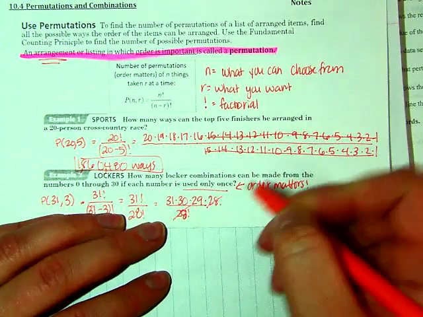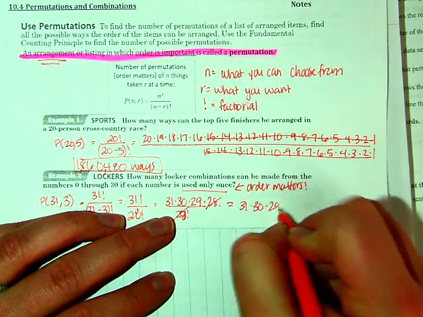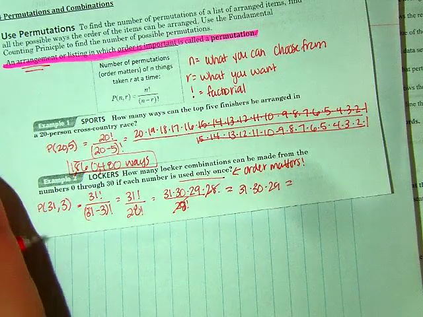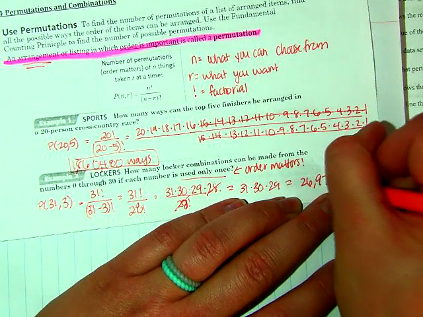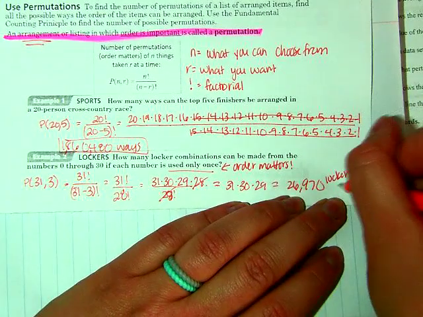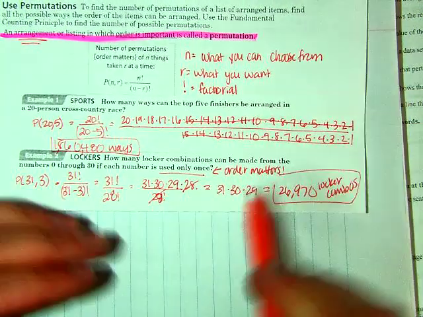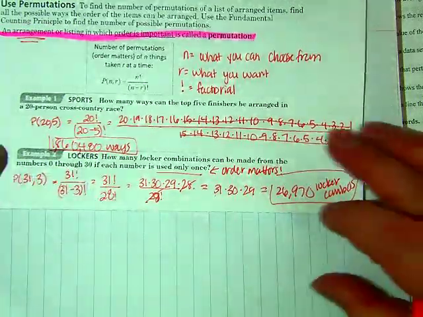So I could simplify those out, and I would be left with 31 times 30 times 29, which is 26,970 locker combos. That is just another way of saying you have 3 spots: 31 for the first, 30 for the second, 29 for the third.